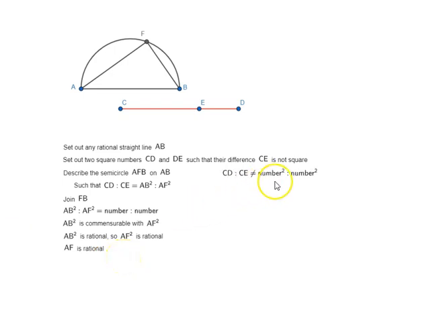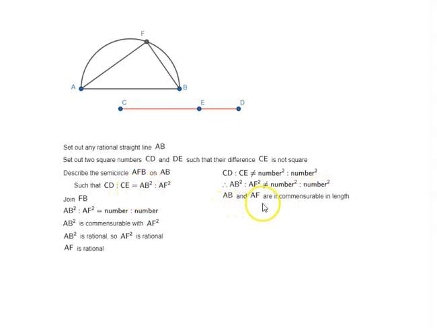CD is to CE is not equal to a number square is to number square, because remember CD is a square number but CE is not a square number. So it doesn't have a number square is to number square ratio. So therefore AB square is to AF square is also not equal to a number square is to number square.